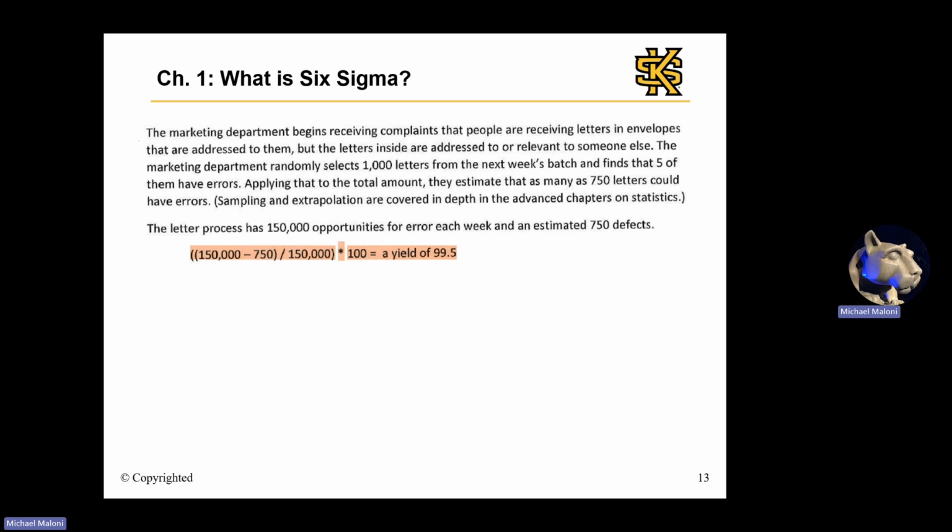In this past week, 750 of those were defective. So the calculation is the 150,000 opportunities minus the 750 defects divided by the 150,000 opportunities times 100 gives us 99.5. That means the process has an estimated 99.5% process yield, which means 99.5% defect free.